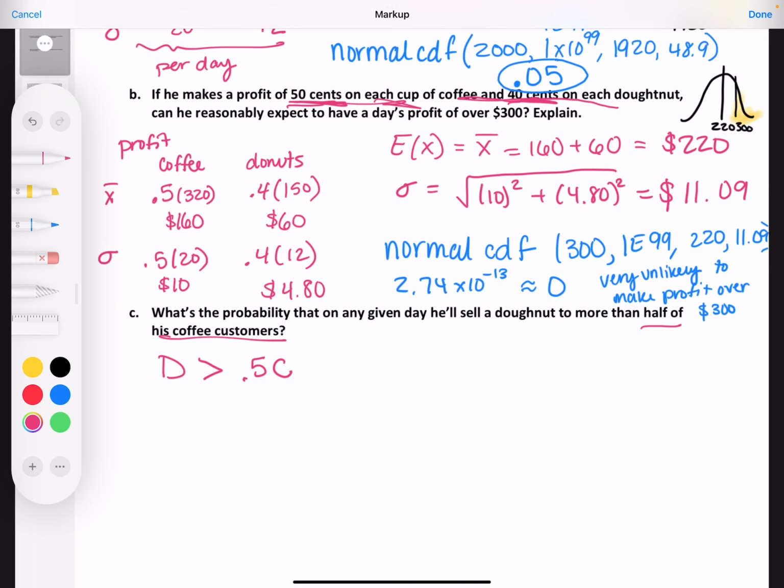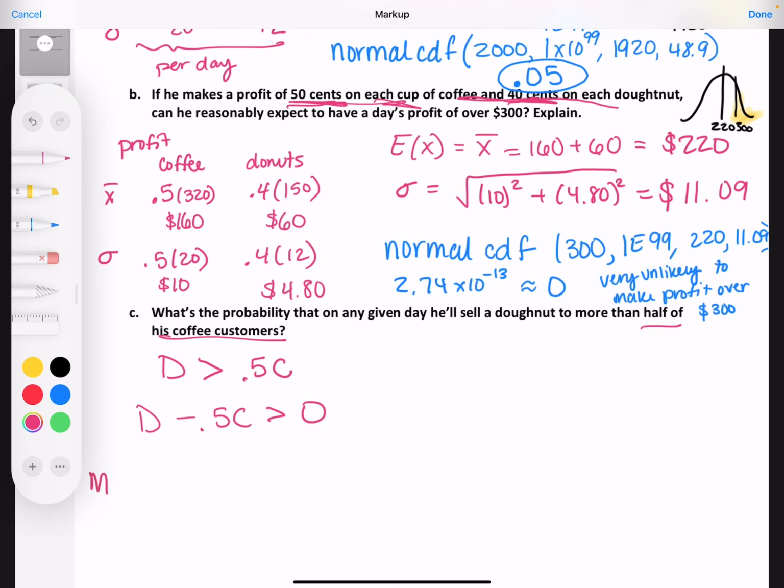So then subtract it over. So D minus 0.5 C is greater than 0. So do you add the 0.5 C, or subtract it? Subtract it. So this is the formula we're using.